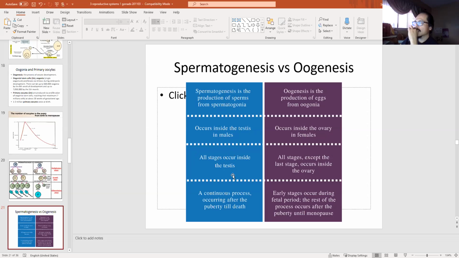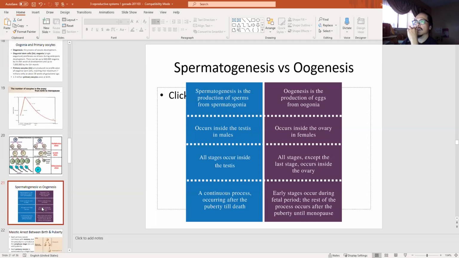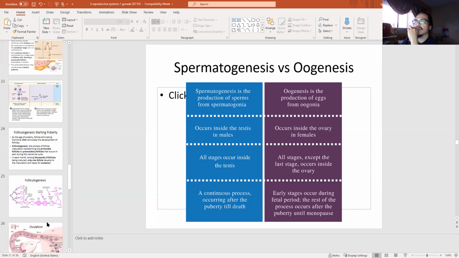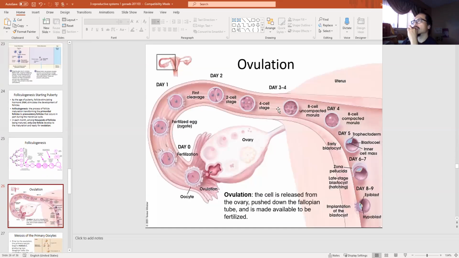Spermatogenesis occurs inside of the testis. Oogenesis could be in the ovary as well as in the fallopian tubule, which is right here. So this growth here is in the fallopian tubule.